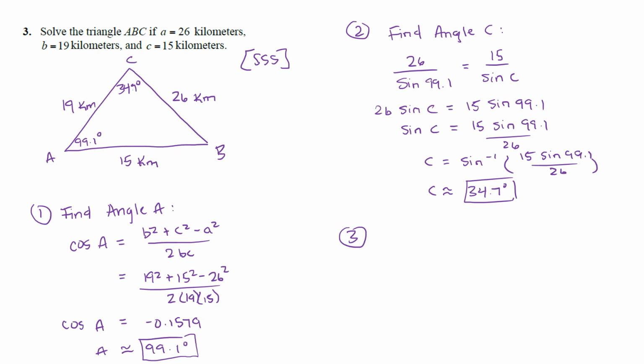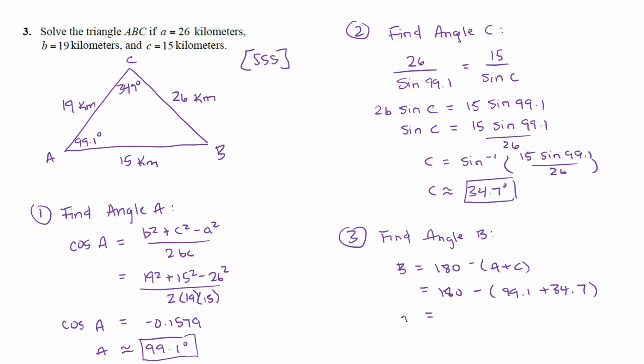So I'm going to find angle B. So B equals 180 minus A plus C. 180 minus 99.1 plus 34.7.